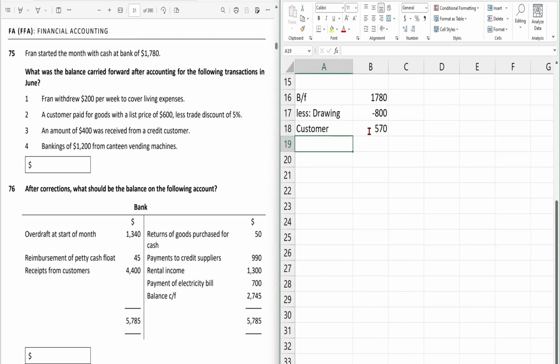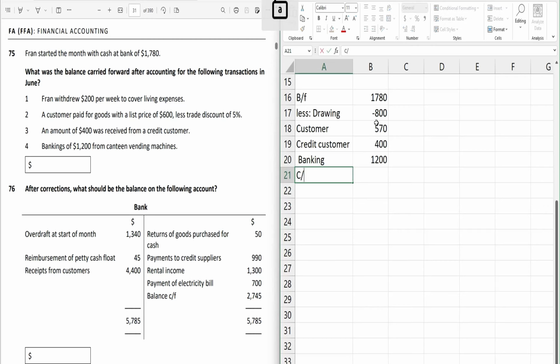An amount of 400 was received from the credit customer. So from the credit customer we have received 400, right? And banking of 1200 from the canteen vending machine. So banking 1200.